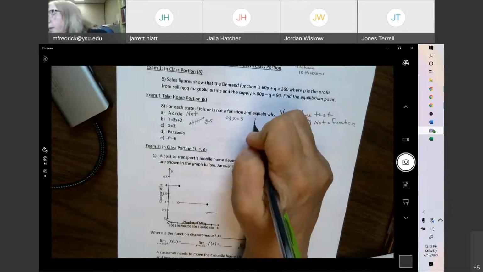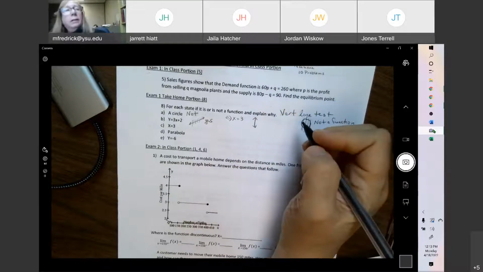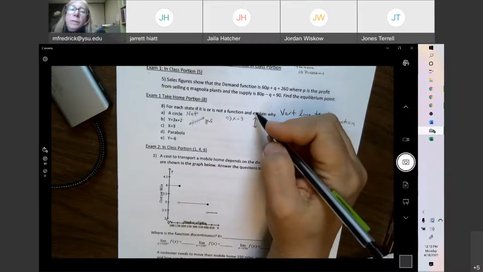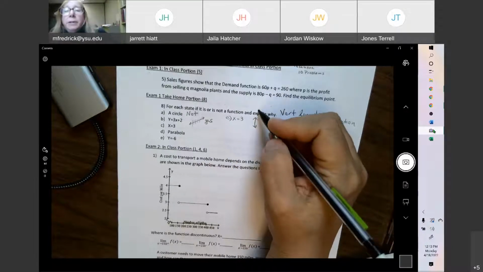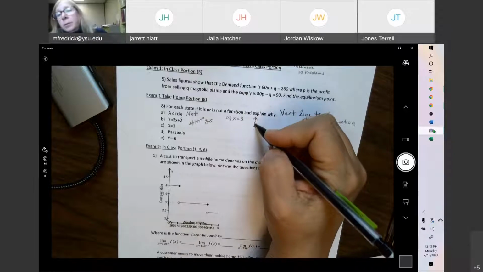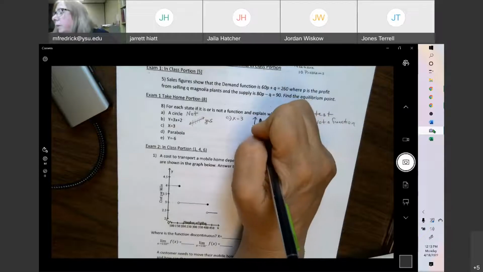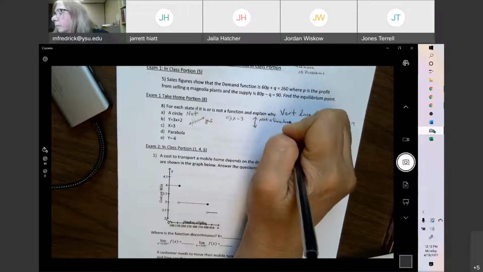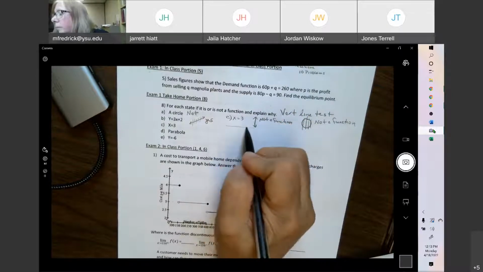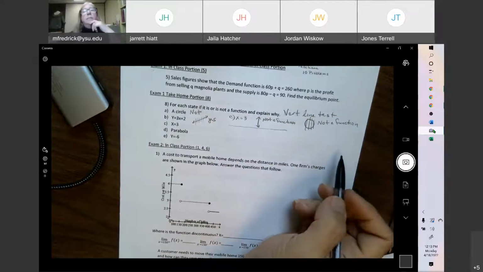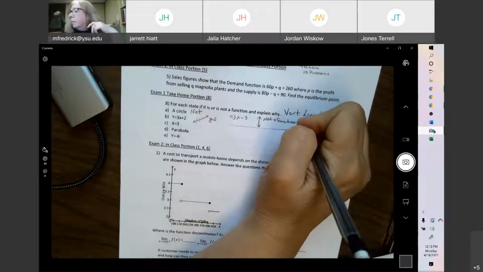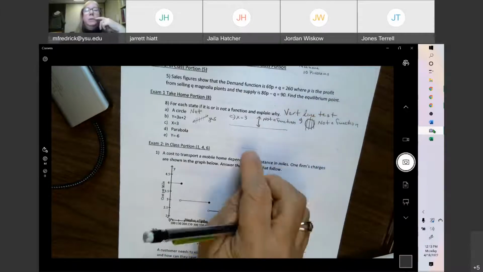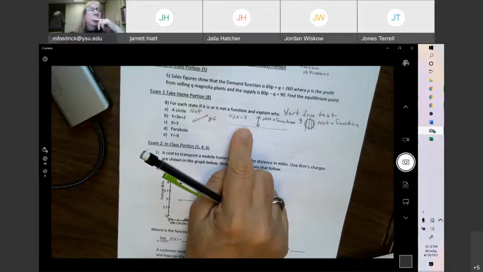X equals 3 is a vertical line, which then would fail the vertical line test because if I drew a vertical line, I would hit every single point on the line. So it is not a function. Any questions on C?